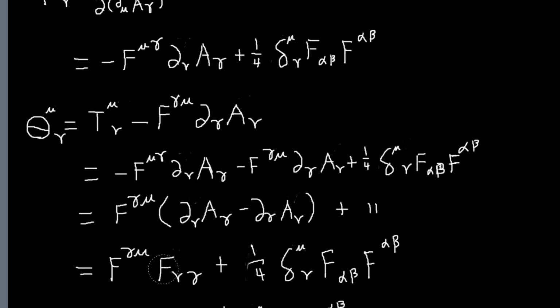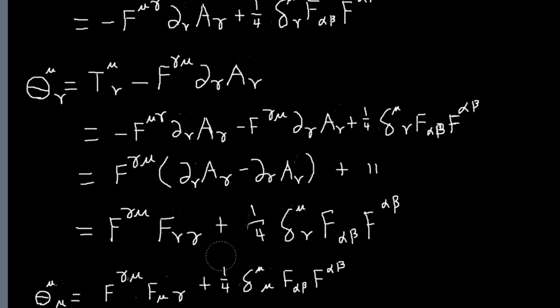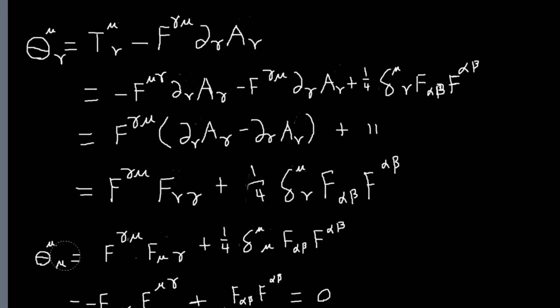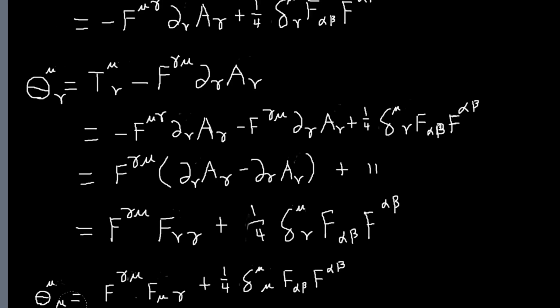So it's entirely composed of our electromagnetic field tensor. And so it asks us to prove a few things about it. The first thing we'll do is prove that it's traceless. So to calculate the trace, we just sum over the diagonals. So we want theta mu mu.